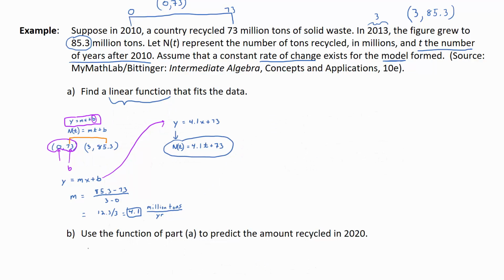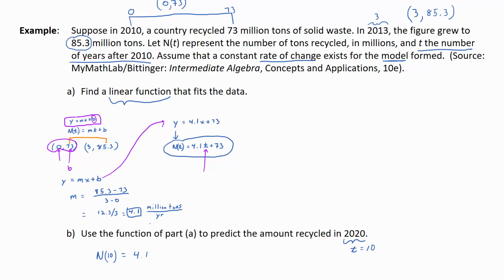In part B, let's use the function from part A to predict the amount recycled in the year 2020. So the key thing to remember here is that we're actually starting our time value at 2010. The year 2010 is year 0, so the year 2020 is the same as year 10. It corresponds to t equals 10, doesn't it? So what we can do is take our model and find n of 10. N of 10 would be 4.1 times, remember function notation, you're just going to plug in 10 right there.